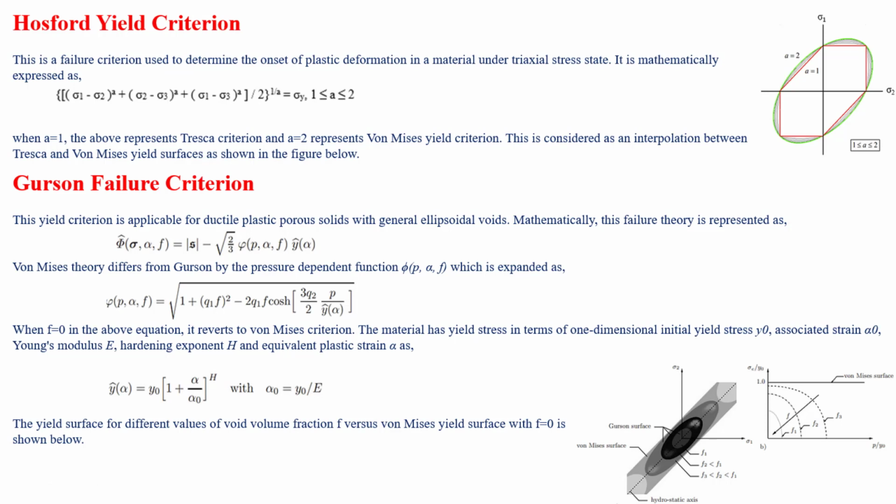Now this one, the Gurson failure criteria, it even takes the von Mises criteria into account as well. So this is compatible for the ductile plastic porous solids in general. So porous in the sense the material which has the hyperelastic properties, that we can consider here.